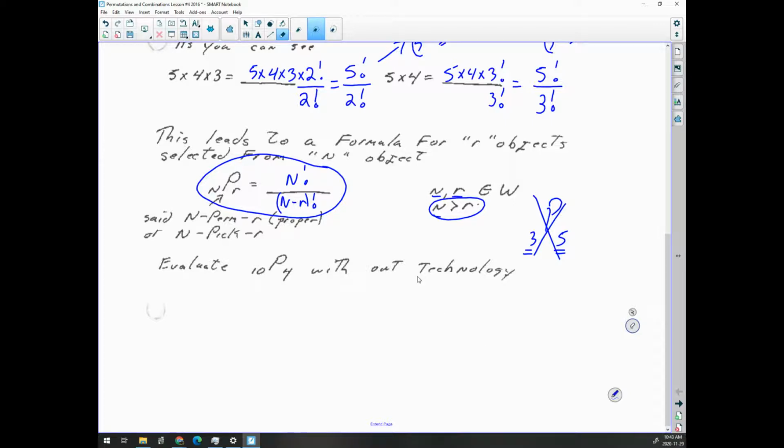Now, 10 pick 4. This means arranging 4 objects from 10. Go ahead and do that with the fundamental counting principle if you want. If I'm doing this with this notation, it's 10 factorial over 10 minus 4 factorial, which is 10 factorial over 6 factorial.